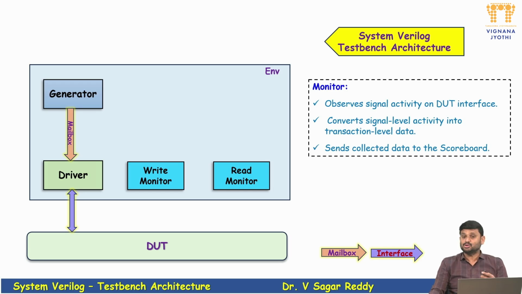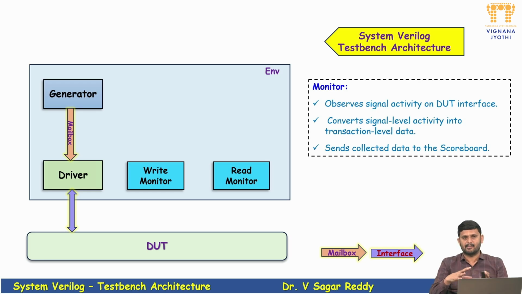So why do we have two monitors? There are three responsibilities under a monitor, but we have two monitors: the write monitor and the read monitor. The write monitor sits on the input side of the DUT. It captures what data was written into the DUT and sends it to the reference model inside the scoreboard. Whereas the read monitor sits on the output side of the DUT, captures what the DUT produced, and sends it to the comparison logic inside the scoreboard.